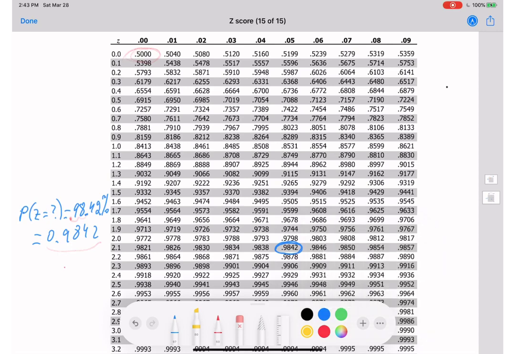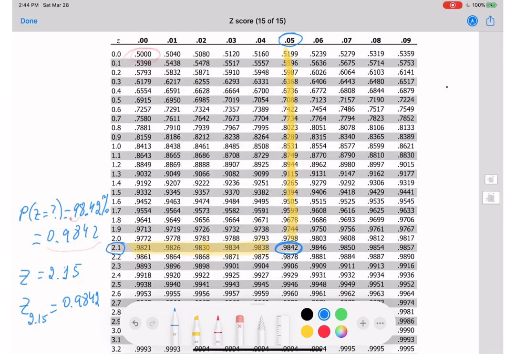Okay, so which means it's coming this way for z-score, and decimal notation for z-score comes this way, which means we get z-score is equal how much? 2.1 and 5 here, 2.1 and 0.05. So if you add to each other, you will get 2.15. So from here we can say that z-score 2.15 is equal 0.9842. Are we good?